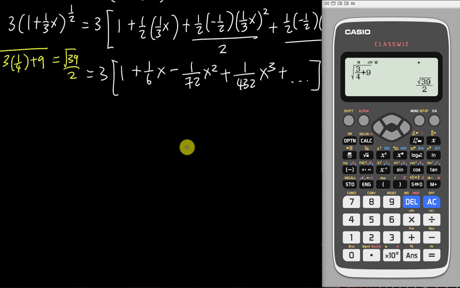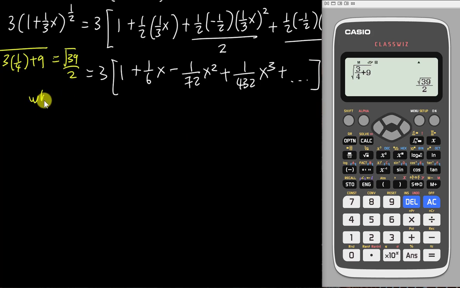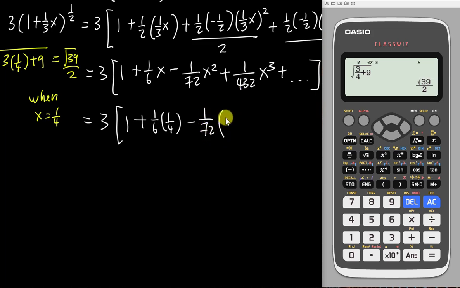Okay, so let's see what's going on here. Since we have this expansion, I will say when x equals to 1 over 4, we just sub into here. So it's 3 times 1 plus, here will be 1 over 6 times 1 over 4, minus 1 over 72 times 1 over 4 squared, which is 1 over 16, plus 1 over 432 times 1 over 4 cubed, which is 1 over 64. Okay, then I will stop here.